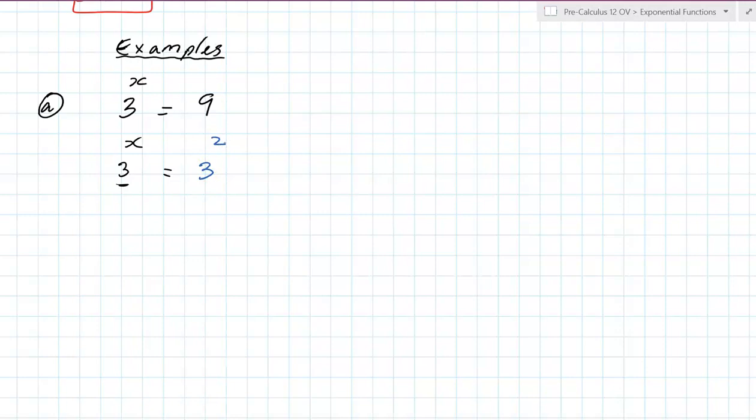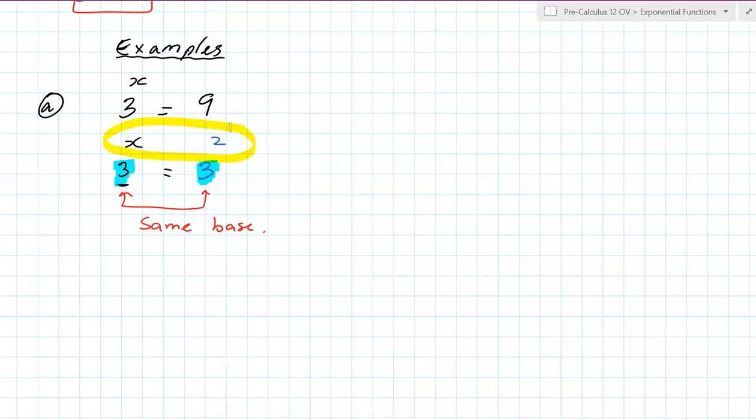Once you have a setup like that, then you know that this equation only works if the bases are the same. So we have the same bases. Therefore, if this equation is true, then we know for a fact that their exponents must be equal to each other.